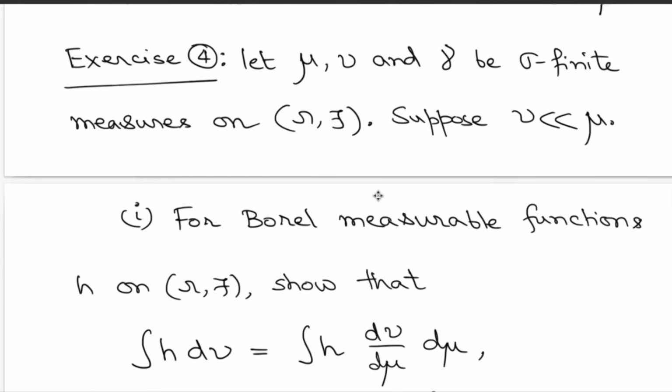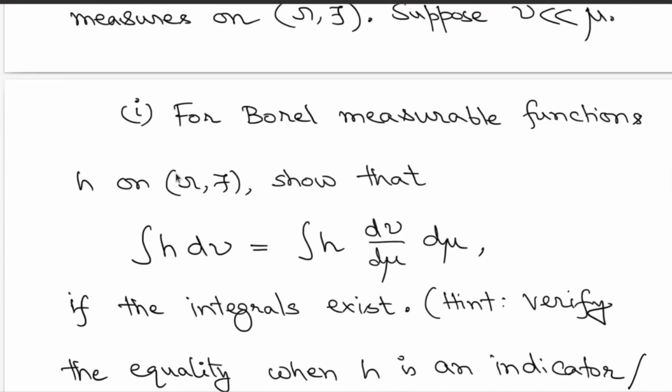Then for Borel measurable functions, call them h, if you want to integrate it with respect to the second measure nu, all you have to do is to multiply the function h by the Radon-Nikodym density and integrate that multiplied function, which is now measurable, with respect to the first measure mu. Okay, and this equality will hold if the integrals exist. That is the important statement that is coming out.